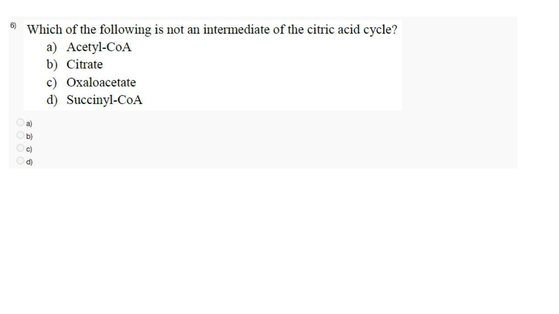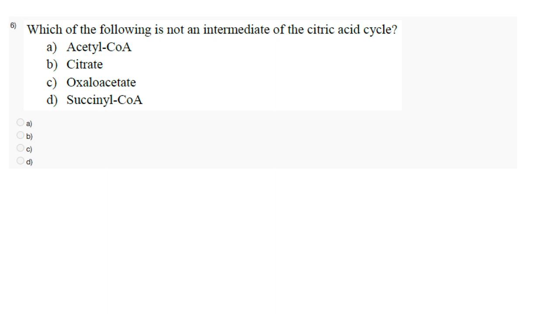Which of the following is not an intermediate of the citric acid cycle? Acetyl coenzyme A, citrate, oxaloacetate, succinyl coenzyme A. Which one of these is not an intermediate?